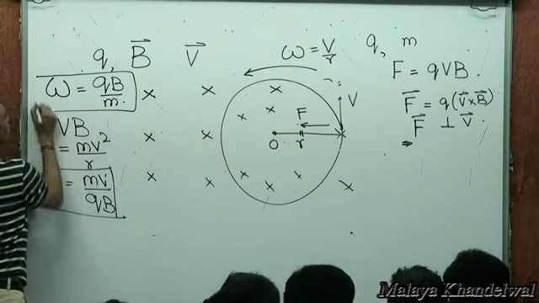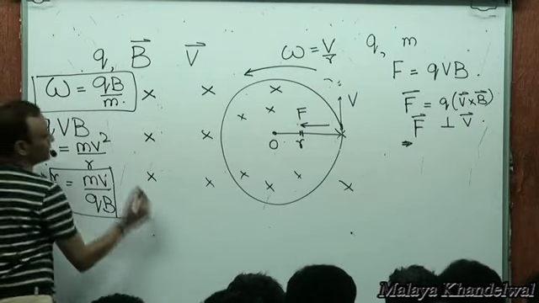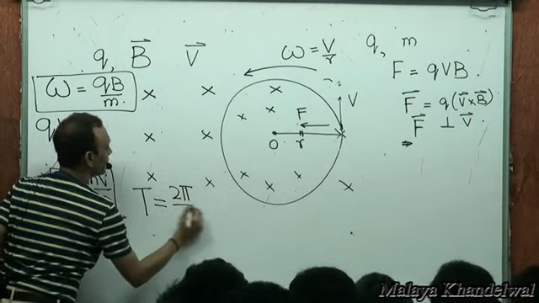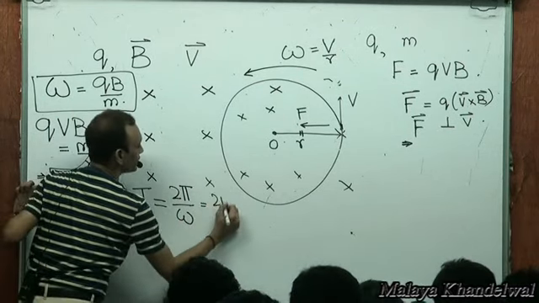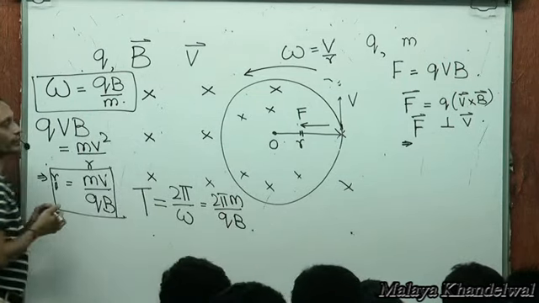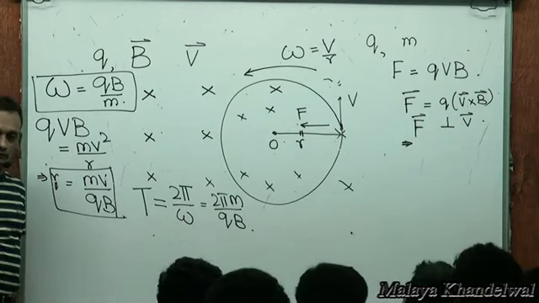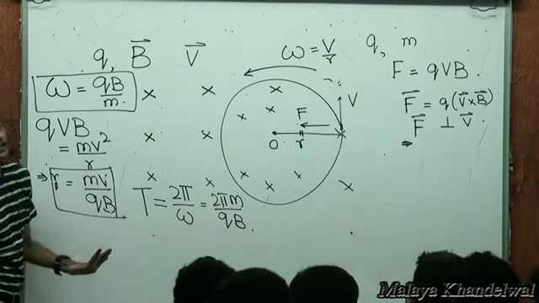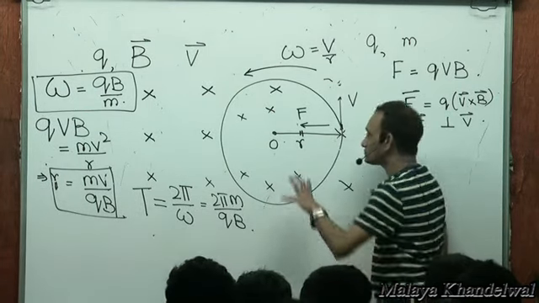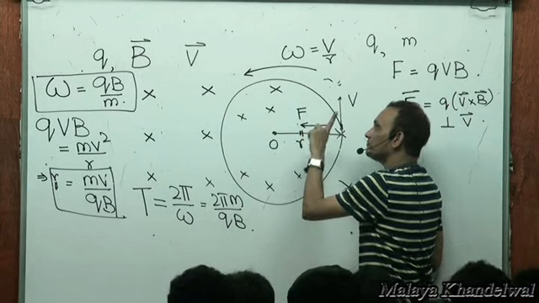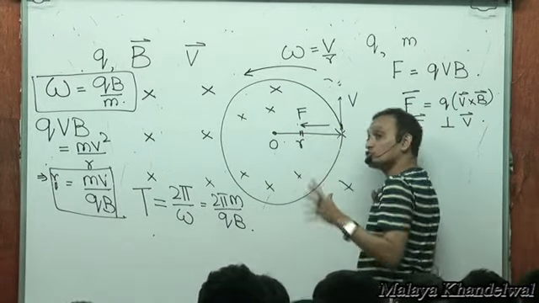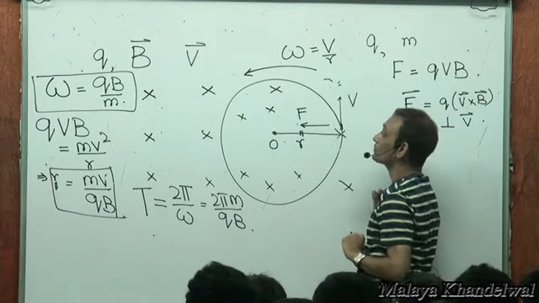Right? And the time period of motion, the time taken to complete a full circle, is going to be 2 pi by omega, which is 2 pi m by qB. Right? Now, the important thing to understand here is that if v is perpendicular to B, then the trajectory would be circular, right?